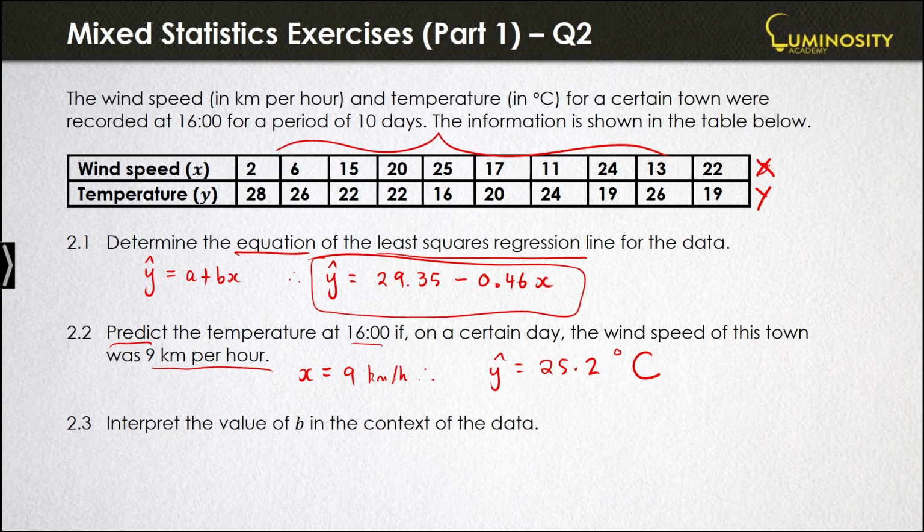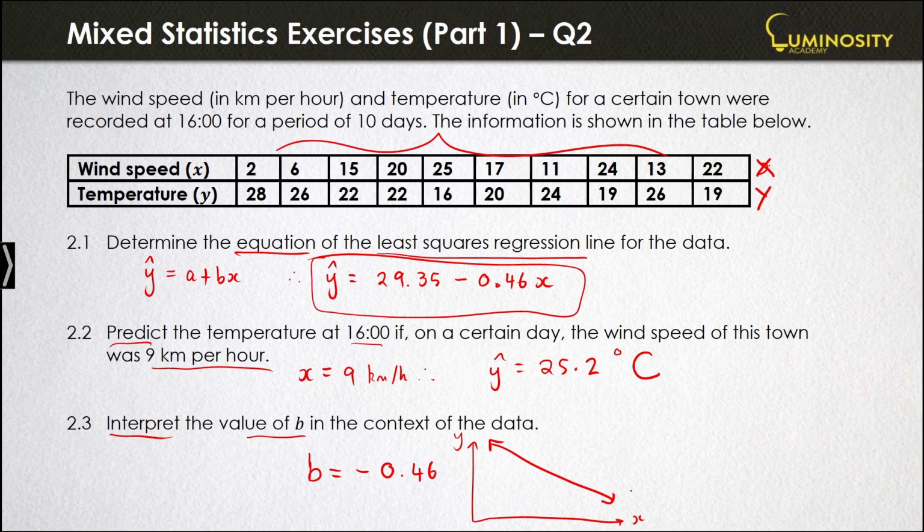Okay, and then lastly, they want you to interpret the value of b in the context of the data. So our b value, we actually worked out to be negative 0.46. Remember, this is a straight line equation, so that negative gradient means that there's a negative relationship. On your xy axis, your x is telling you the wind speed and your y is telling you the temperature. So what is the interpretation here based on the context?